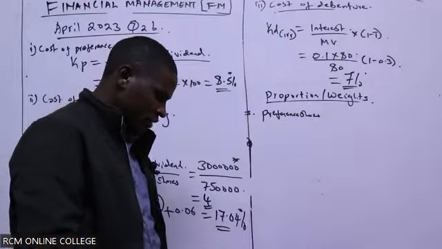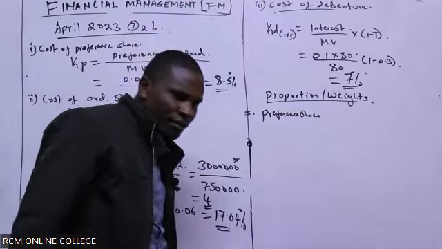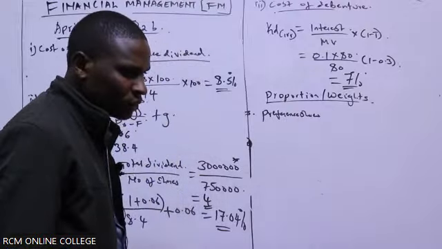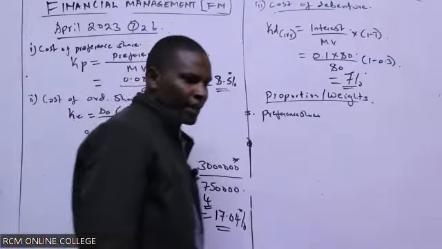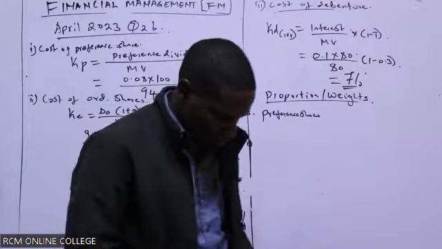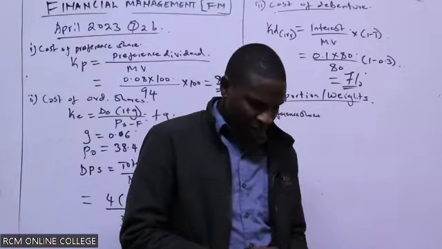The par was given as 8%. No, it is 100. The 80 is the current price. Sami asks a good question. So, Sami, let's look there carefully. The current price is 80.